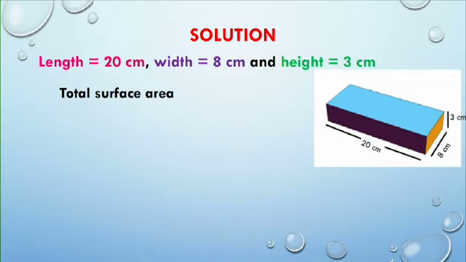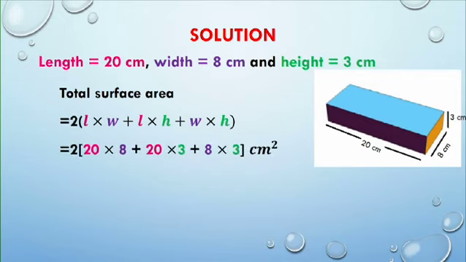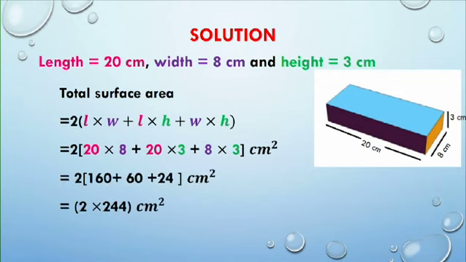So the total surface area will be given by 2 times L times W plus L times H plus W times H. So now I just plug in the different values to find the total surface area. So I have 2 into 20 times 8 plus 20 times 3 plus 8 times 3 centimeters square, which gives me 488 centimeters square.